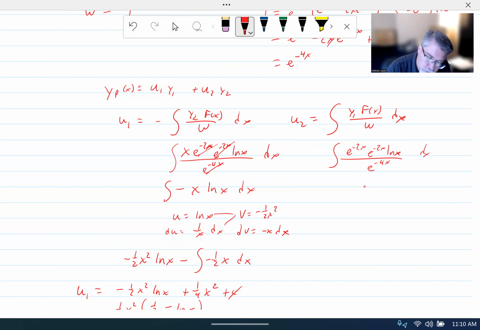And we get these knocked out. So that's just the integral of natural log of x dx. Once again, we could solve this using integration by parts if we wanted to.